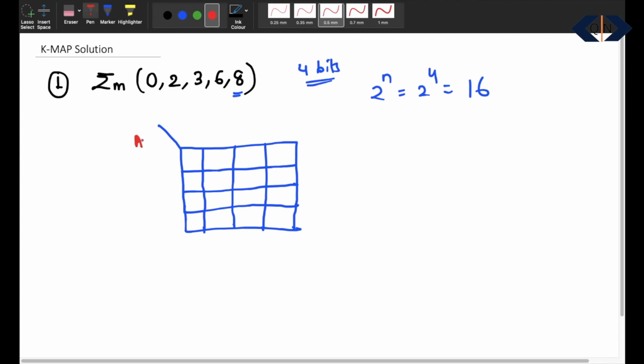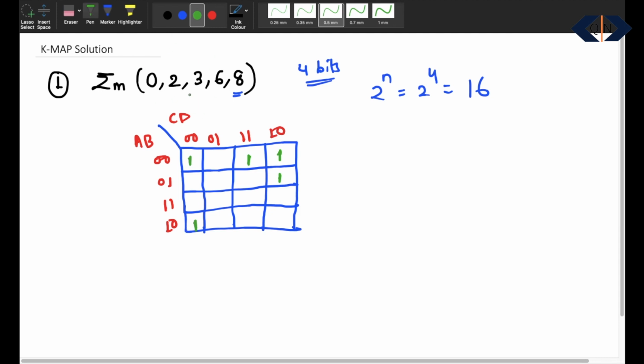First, on this side we will take AB, on this side we will take CD, and this will be 00, 01, 11, 10, and 00, 01, 11, 10. Now let's start filling. So this is 0, then 1, then 2, then 3. Now 4, 5, 6, 7, then here it is 8.